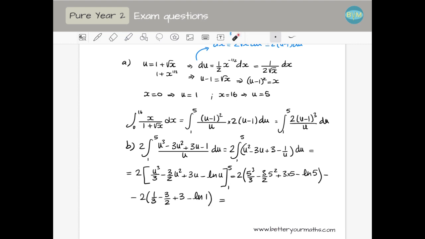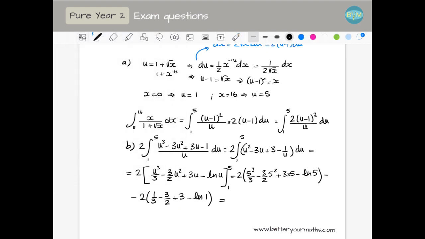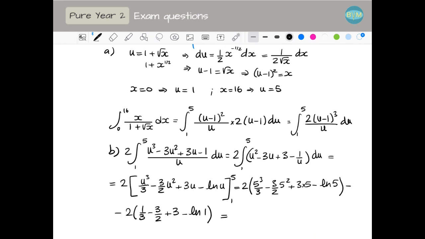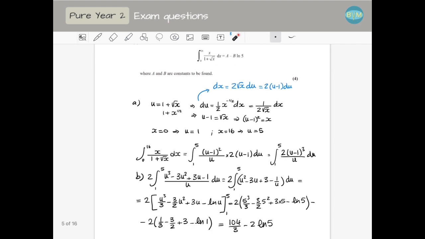And I just, with the calculator, can do all these numbers together. Minus 2 times these numbers. ln 1 is 0. If I do that with the calculator, I have 104 divided by 3, and 2 times minus ln 5, so minus 2 ln 5, and that's what I have to find.